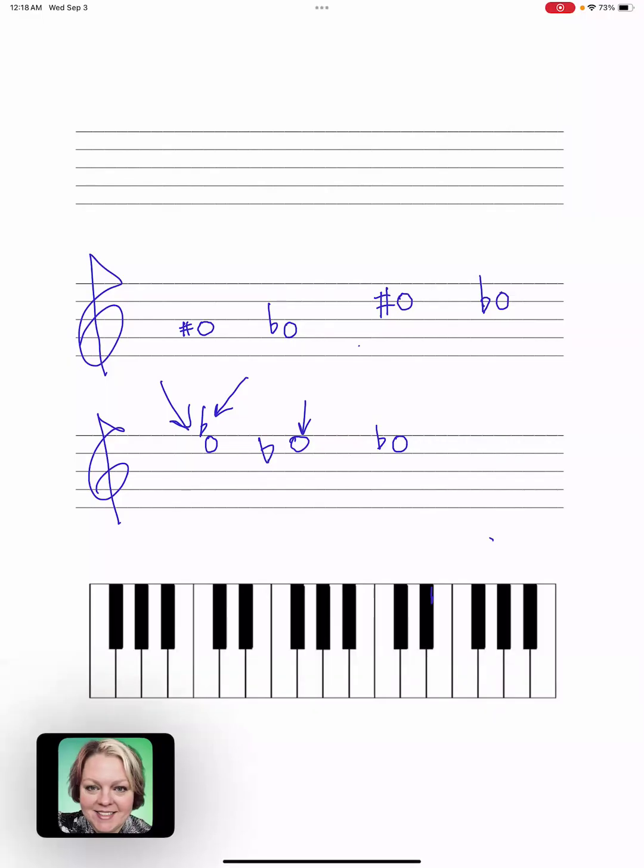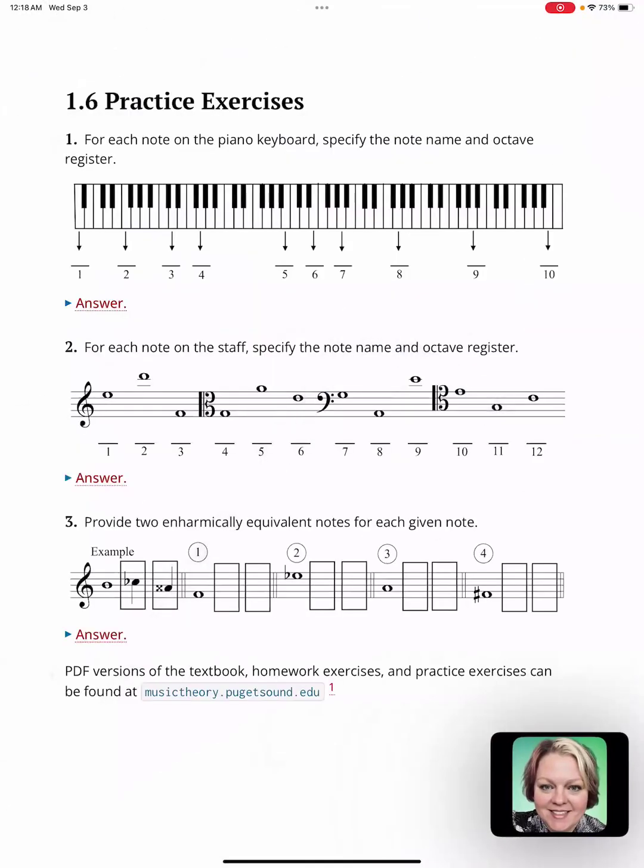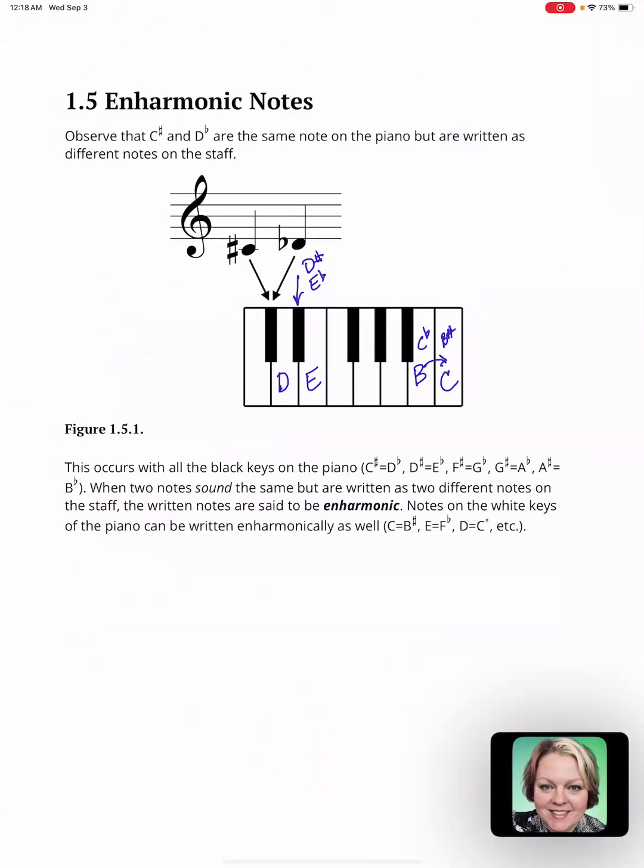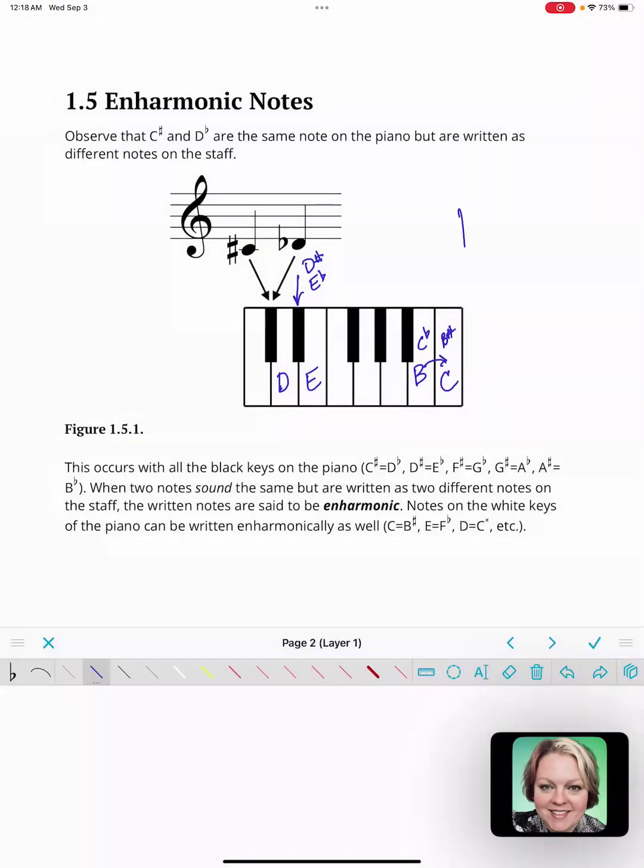Okay, so I'm going to go backwards again. We were just doing the notes and showing how they can have two different names. The terminology for that is enharmonic. So at the top it says enharmonic notes. Oftentimes you'll hear me say enharmonic equivalence, which means the same thing in the end, but sometimes I use that terminology instead.